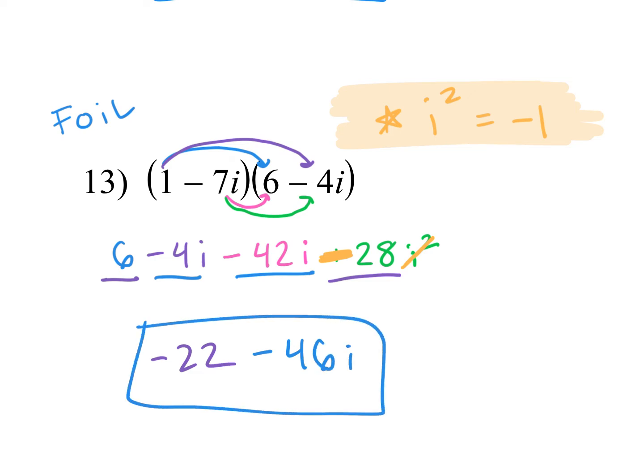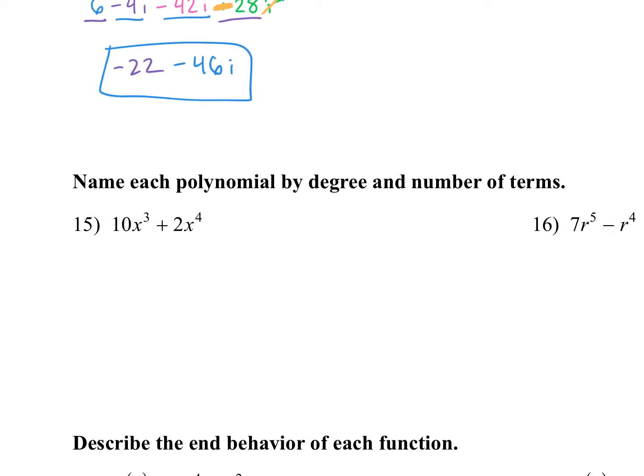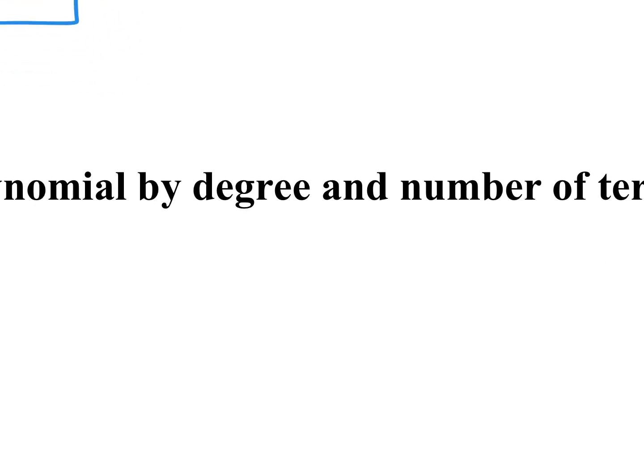And that's our answer. So for these, we have to name the polynomial by degree and by the number of terms. So let's see. We start with the degree of 0, which would mean it's constant. The degree of 1, so if I had just an x, that would be linear.